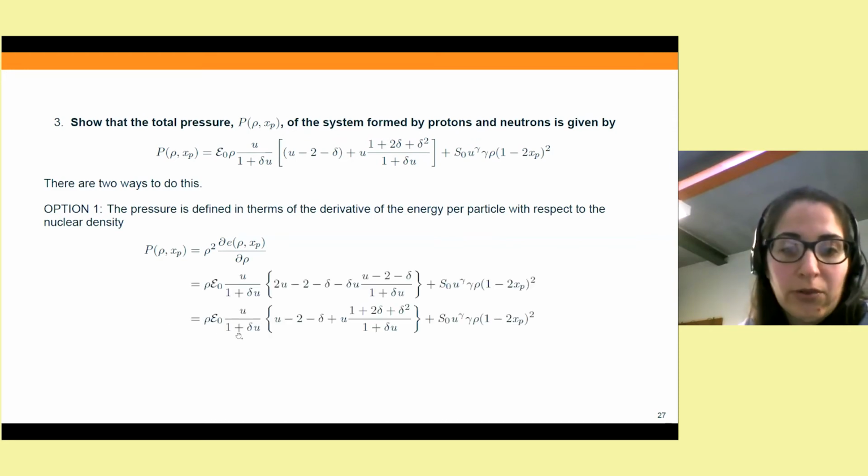It's quite straightforward, right? If you just apply this expression here, you should get what we are given by the exercise for the pressure. You should rewrite a bit until in the end we get this here.